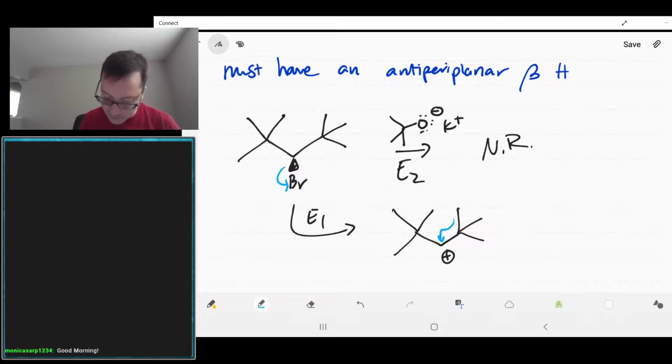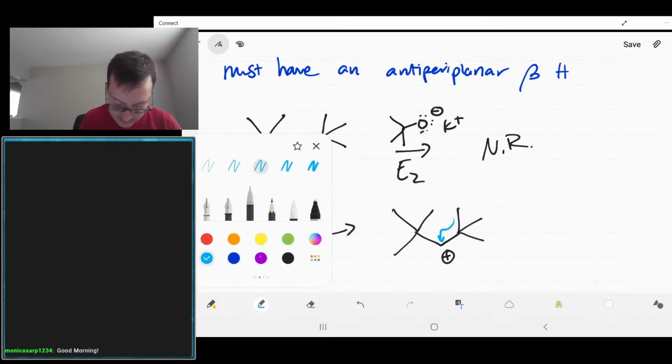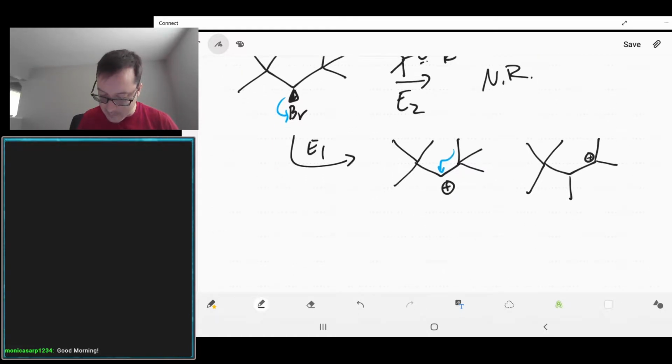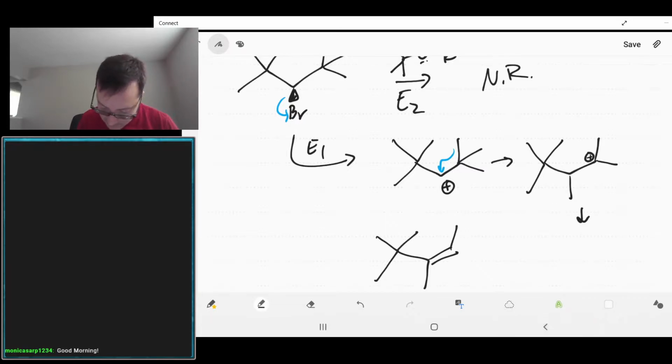Now we have our new carbocation, and we can eliminate in all sorts of weird ways, depending on what base we use. We could get a whole mess of things. This is again why E1 reactions are not as good. But in this case, this substrate can only undergo E1.